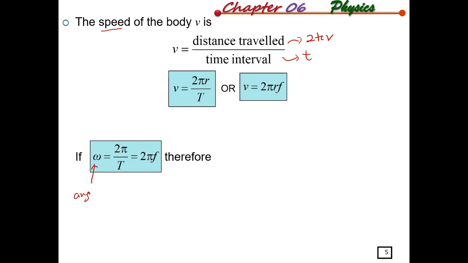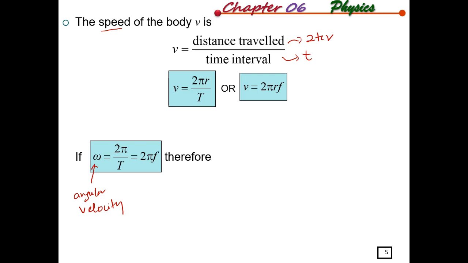Angular velocity only appears when the object moves in a circular path or rotating. It is given by the formula omega equals 2 pi over T, which is very familiar to you.